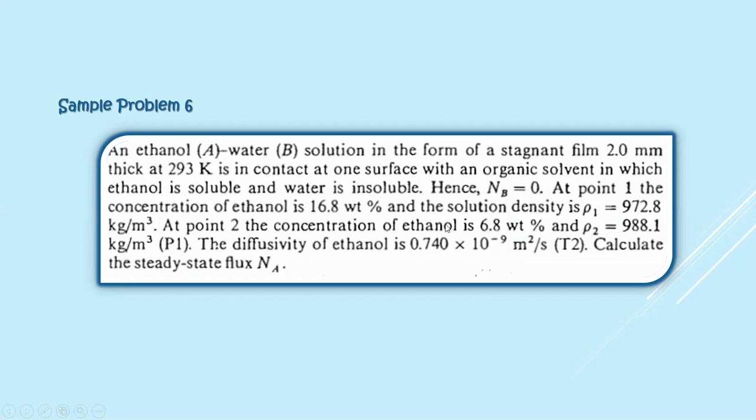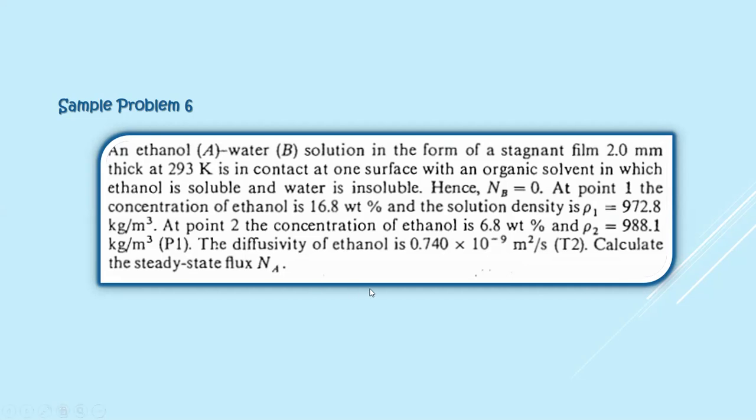At point 1, the concentration of ethanol is given to be 16.8 weight%, and the solution density is 972.8 kilogram per cubic meter. Now at point 2, the concentration of ethanol is 6.8 weight%, the other one is 16.8, with a density of 988.1 kilogram per cubic meter.